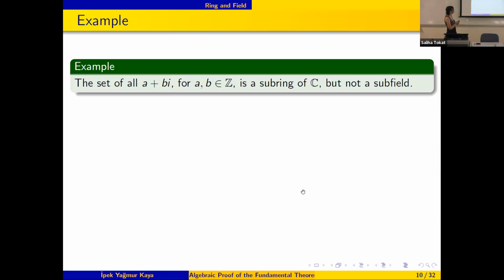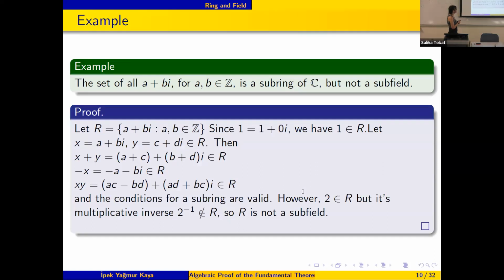And here's an example. The set of all a plus bi for a, b in Z is a subring of C, but not a subfield. Let's take R to be the set consisting of a plus bi, and let's take x to be a plus bi and y to be c plus di. Then x plus y, minus x, and also x times y are in R, and the conditions for subring hold, as you can see.